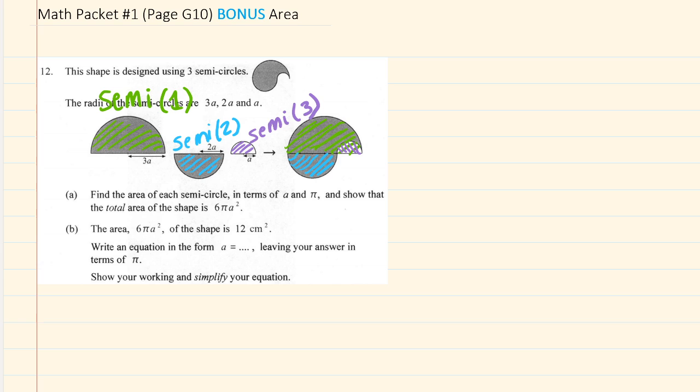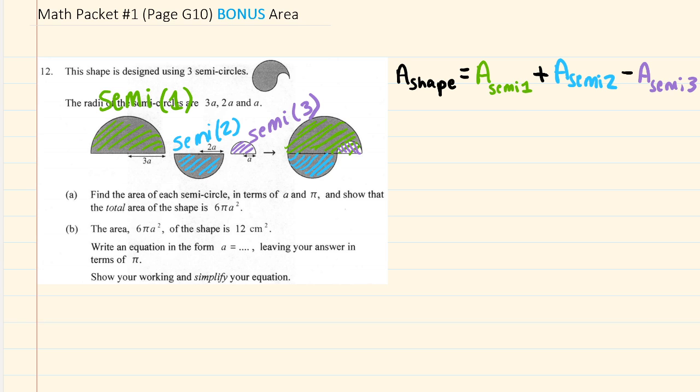So let me go ahead and write that formula. Our area for the shape is going to equal the area of semicircle 1 plus the area of semicircle 2, minus the area of semicircle 3.